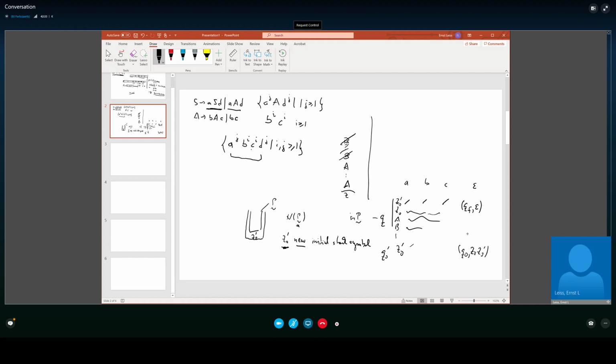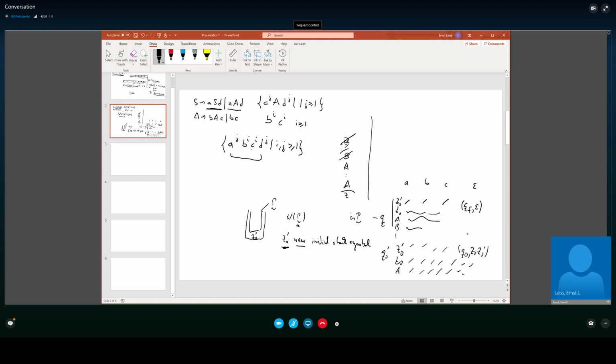So everything is nothing else. And for all the other stack symbols, this is nothing. So this basically just allows us to go into P.